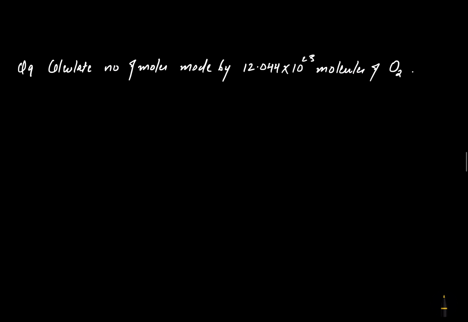It's question number 9. Now he is saying calculate the number of moles made by 12.044 into 10 to the power 23 molecules of O2. Now it's an O2 gas. I have already told you that 1 mole of any gas will have 6.022 into 10 raised to power 23 molecules.